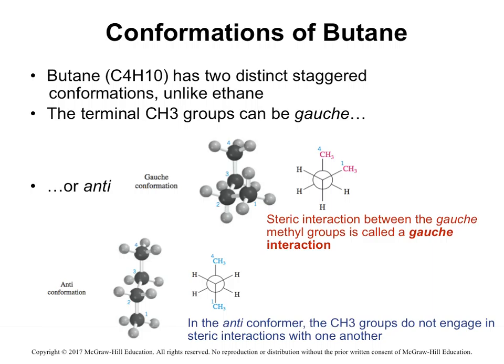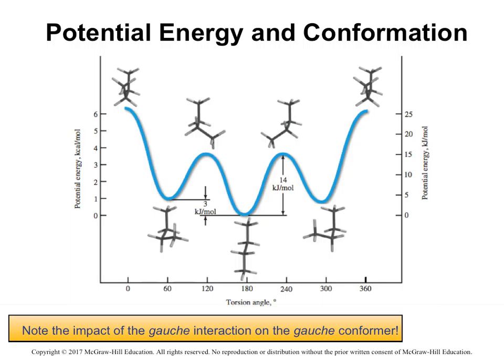And then if you wanted to see a prettier picture, they're beautiful. Once again, do not memorize the numbers. I do want to point out the difference between the syn and the anti here is larger than it is for propane, which is larger than it would be for ethane, whenever they are eclipsed, which makes sense.